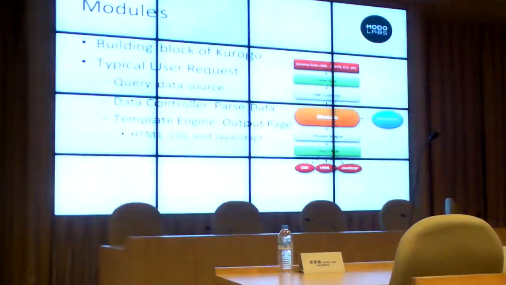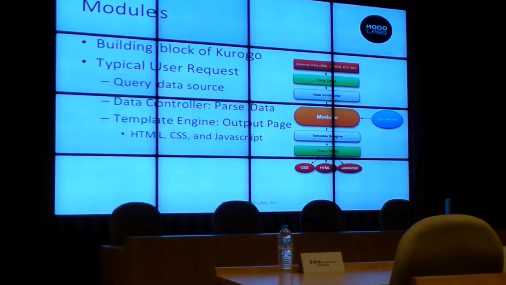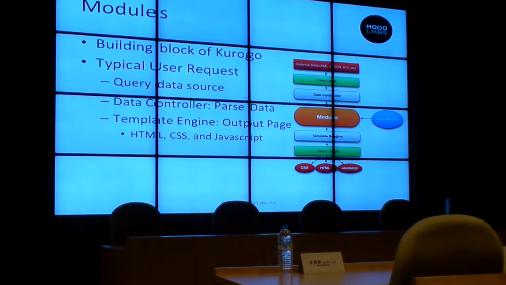So the next thing is getting into more of the building blocks of Kurogo. We're using essentially modules that I illustrated earlier, with the directory module, or the news module, or it could be a shuttle bus module, or a dining room module, or a social module, whatever it is. So in all of these cases, we're essentially using a data controller that connects to different types of backend data.